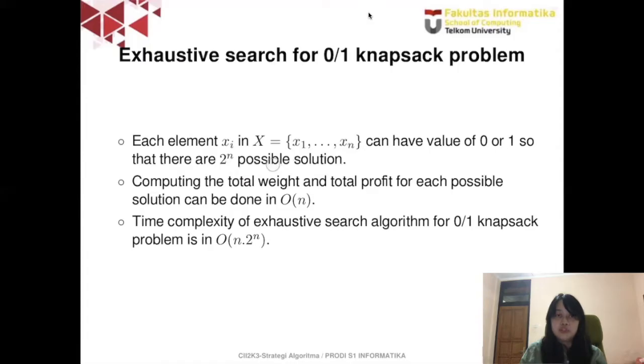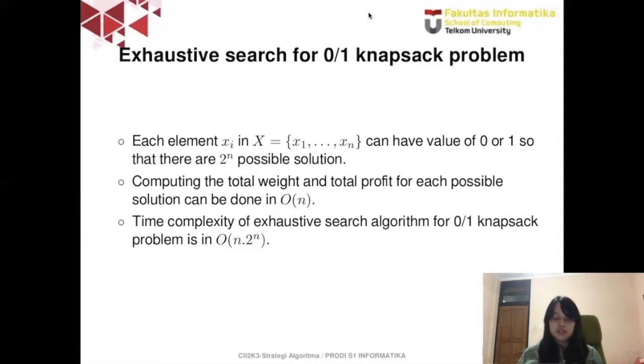And to compute the total weight and the total profit of each possible solution, you can do it in big O(n) because you just need to sum up to n items, right? So the total time complexity of the exhaustive search algorithm for this problem, the 0-1 knapsack problem, is big O(n) times 2 to the n. We just need to multiply this and this.